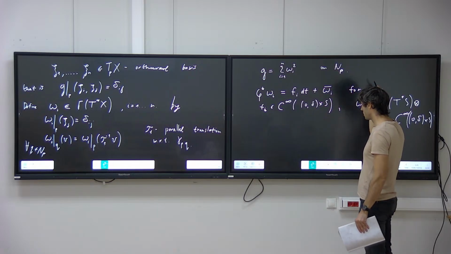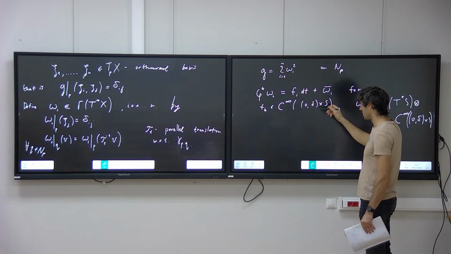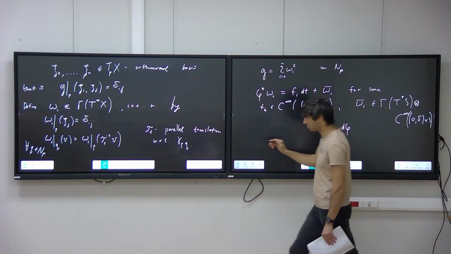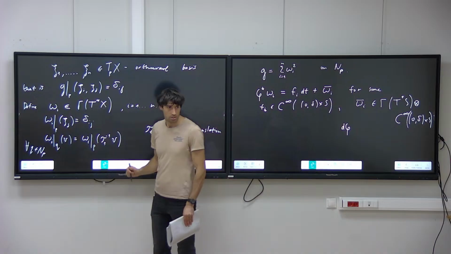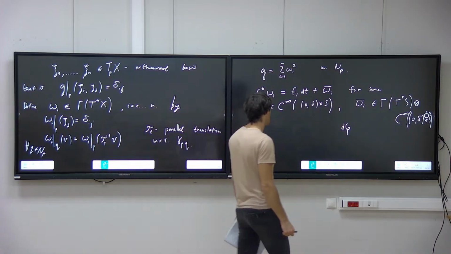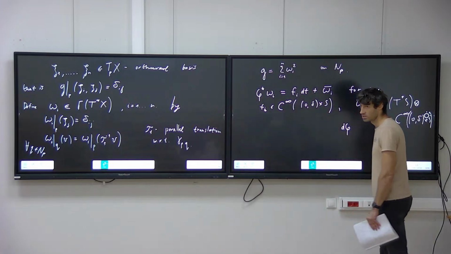If I write it down in coordinates, it will only have d of coordinates which run over S. That's what I mean. It's just the pullback form from the sphere. Yeah, yeah.